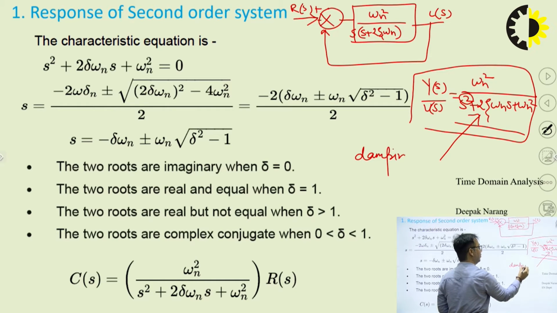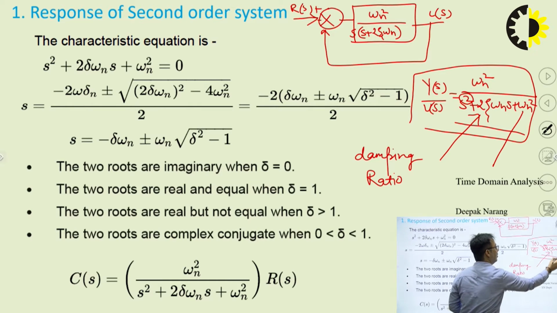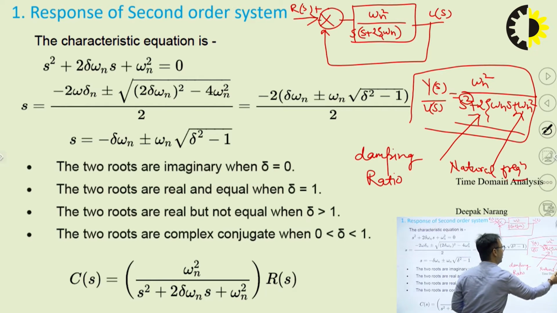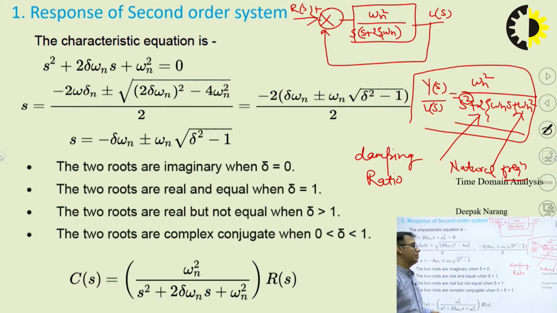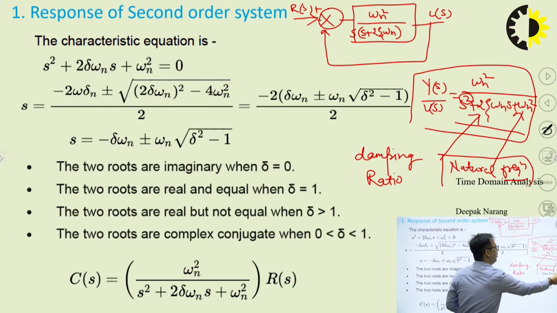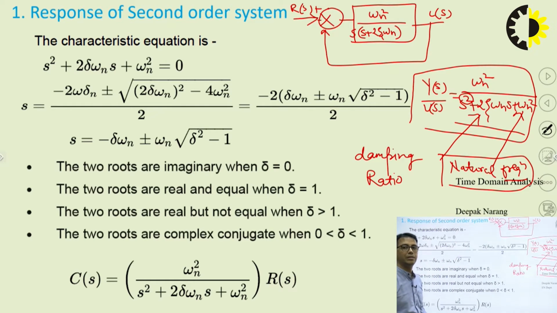damping ratio, and this term is defined as natural frequency of the system. So what is damping in the system? Damping basically is an opposition force to the oscillations which are produced in the system, and the natural frequency is basically the frequency which is intrinsic in any system and with which the system shows oscillations.